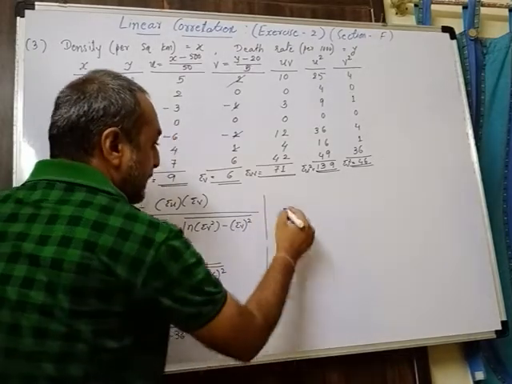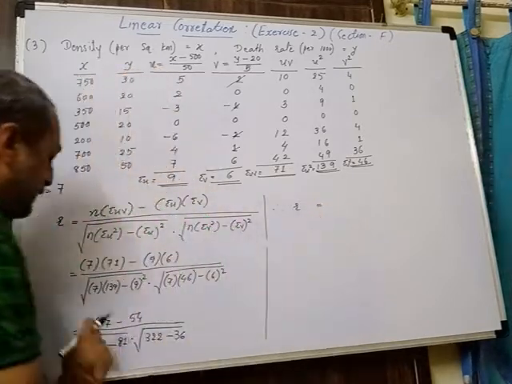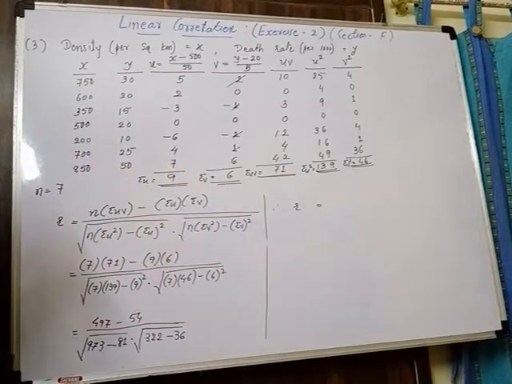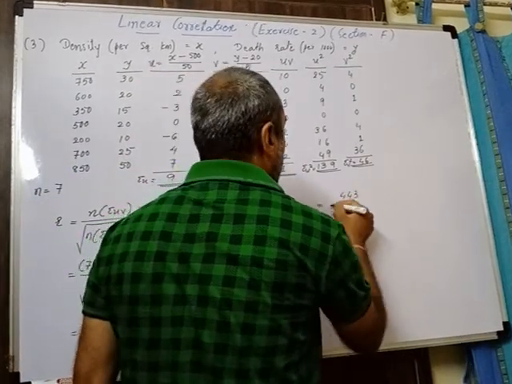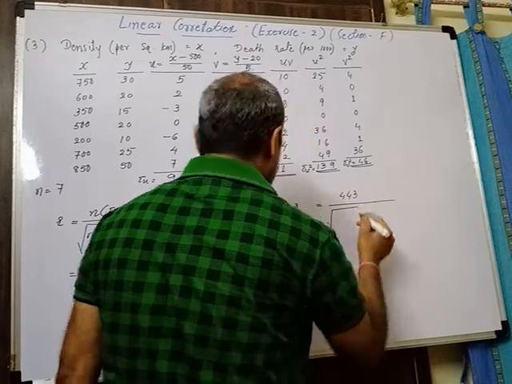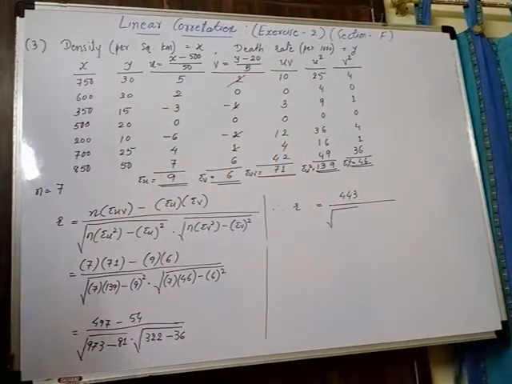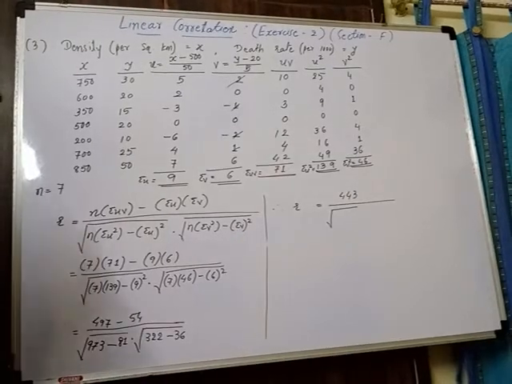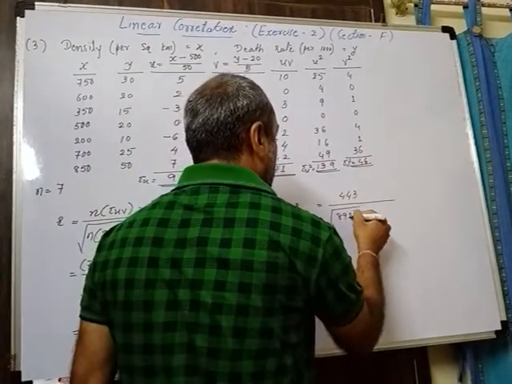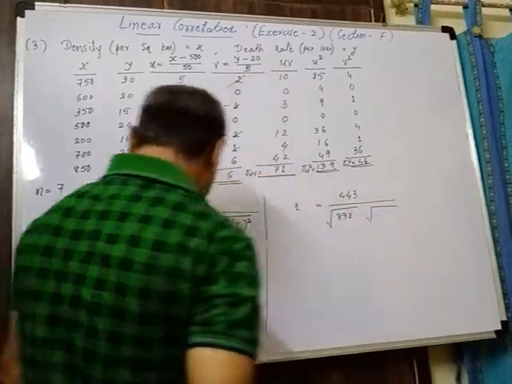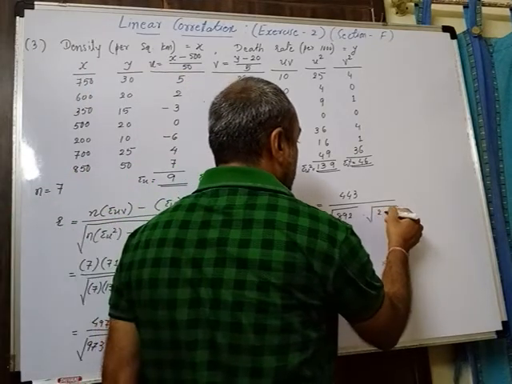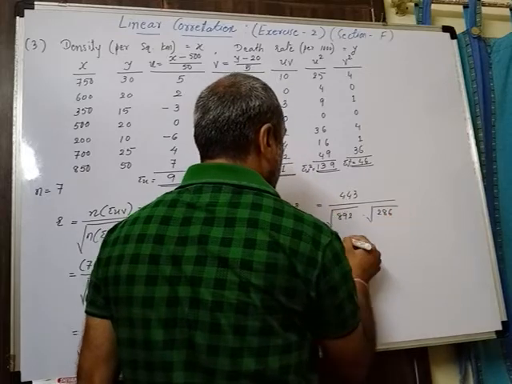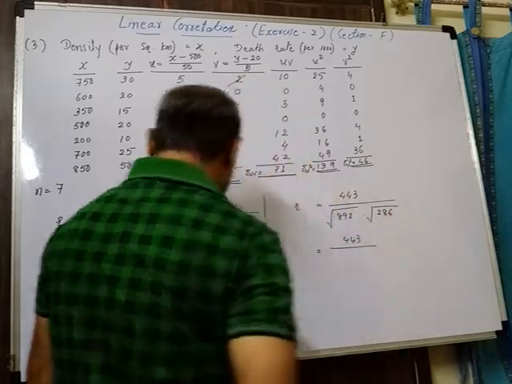Now on the other side I am writing, therefore r is equal to first, 497 minus 54 that is 443, divided by, into the first root, it is 973 minus 81, it is 892, into the another root, it is 322 minus 36, that is 286, that is equal to 443 divided by.